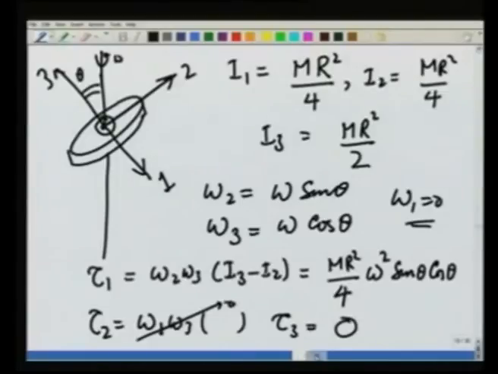So let me make it again. Let's look at this disk in the position when it is like this. 1 is coming out of the plane, 2 is like this, 3 is perpendicular to the disk, and it is rotating like this.